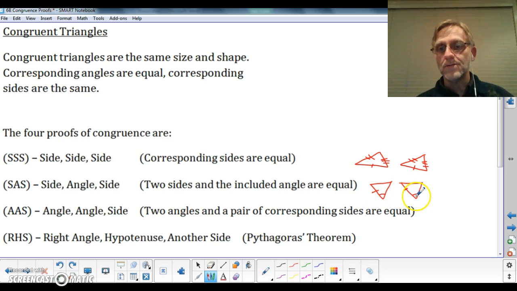The angle that's included between the left and the right is supposed to be the same, so I've marked it with a little angle marker, and then the right-hand sides are the same. They could be different to the left-hand side, so I've used a different number of dashes on the lines, but that's what I mean by side-angle-side. Two sides and the included angle, the angle in between the two that we know, must be the same.